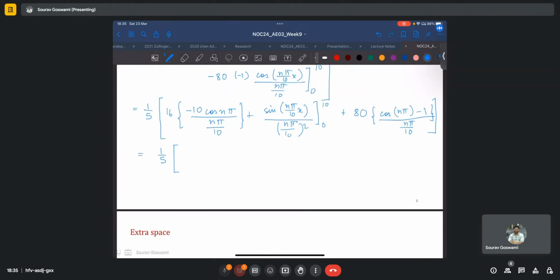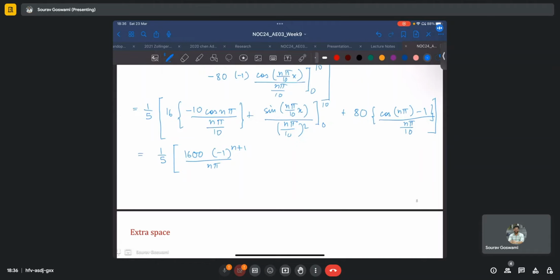We will have 1600. Cos n pi also is minus 1 power n. So you can integrate the minus 1 over there. So this can be 1600 minus 1 power n plus 1 minus 1 power n from cos n pi, and this additional negative here. So minus 1 power n plus 1 by n pi.